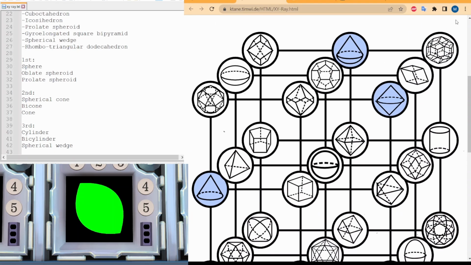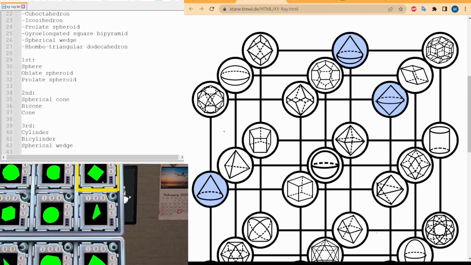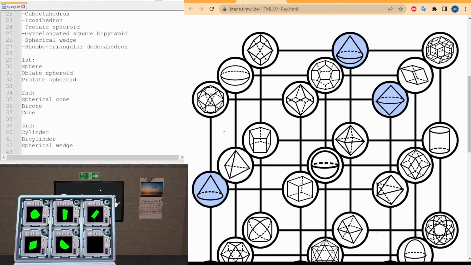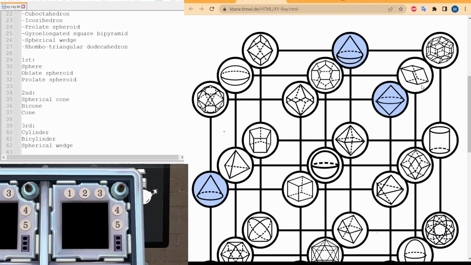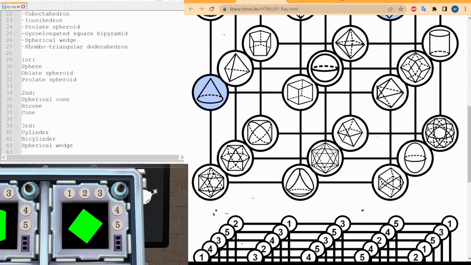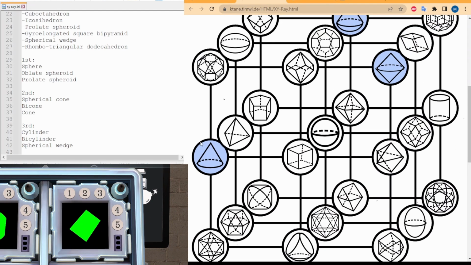Yeah. In case of a normal cone, it basically has a straight line if it's scanned from most of the angles.